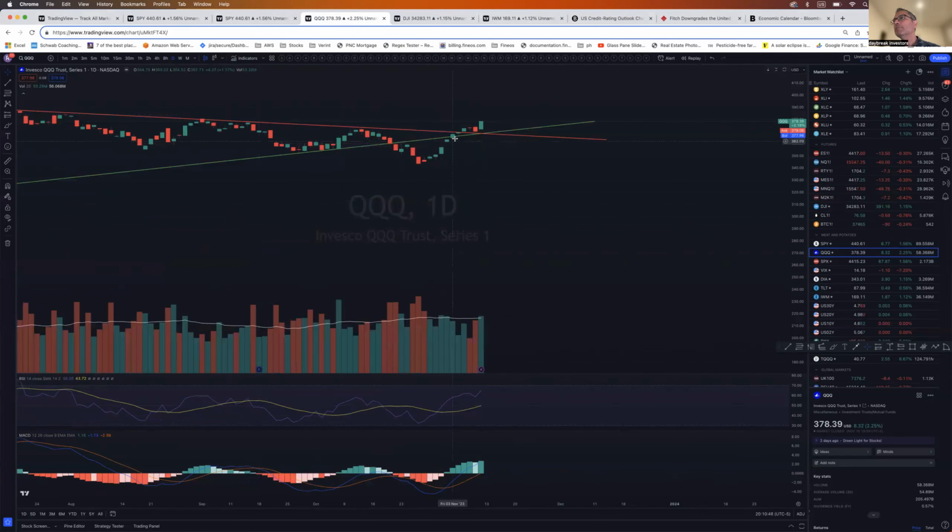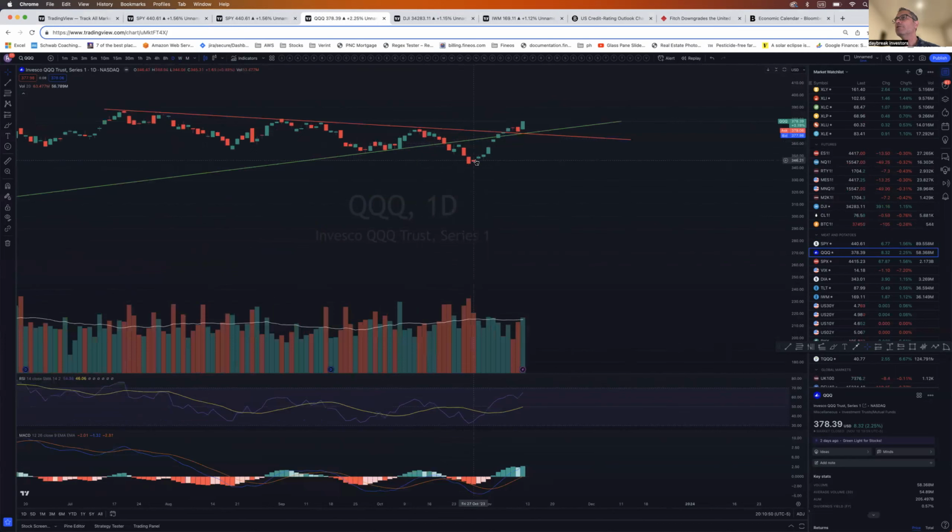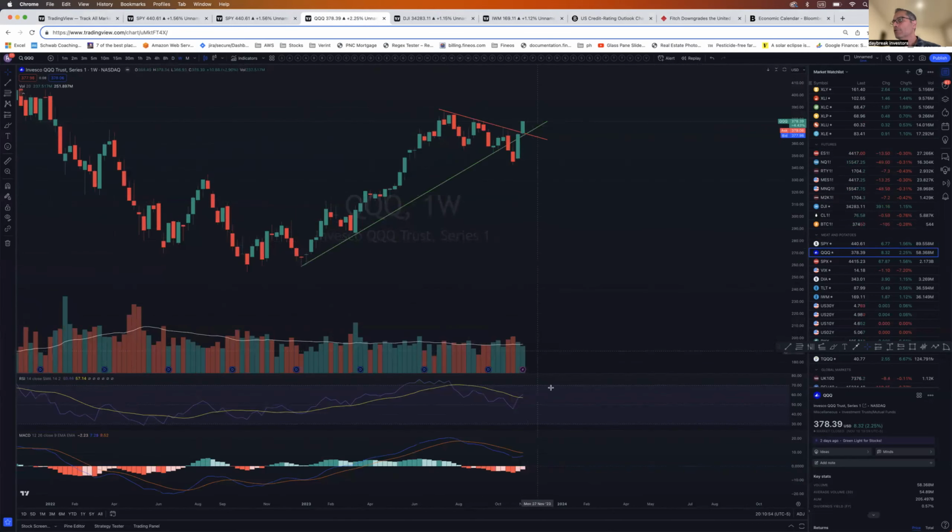So there were some gaps here that were left on the daily time frame, but going back real quick to the weekly time frame again. Although it's important for the Nasdaq to get some quick retracement to validate all this impulsive rally, we are also seeing that the RSI is at 60, and it's still a long way from being overbought.